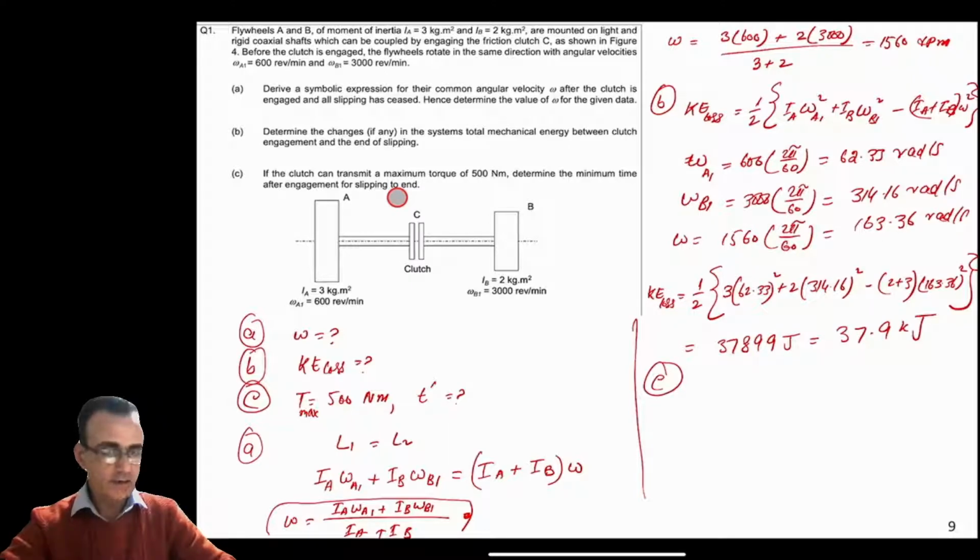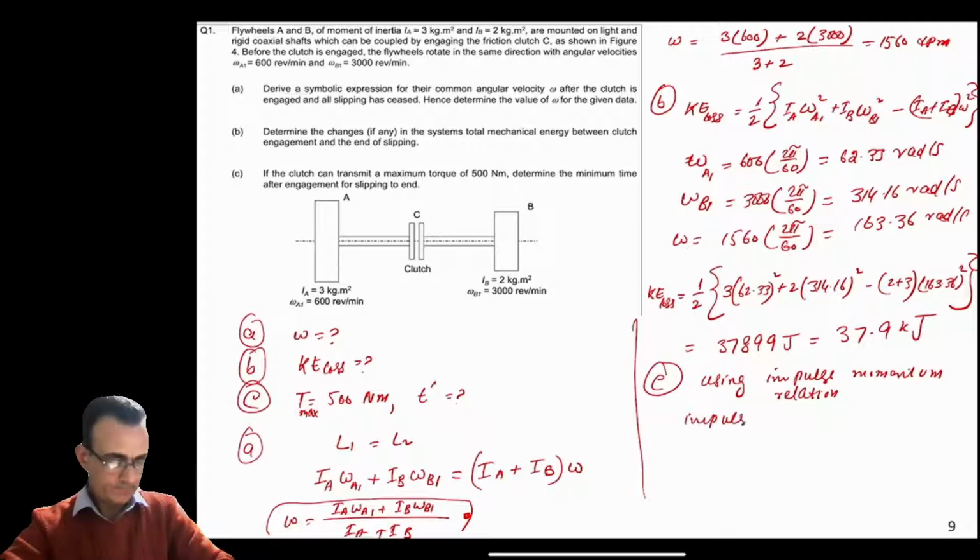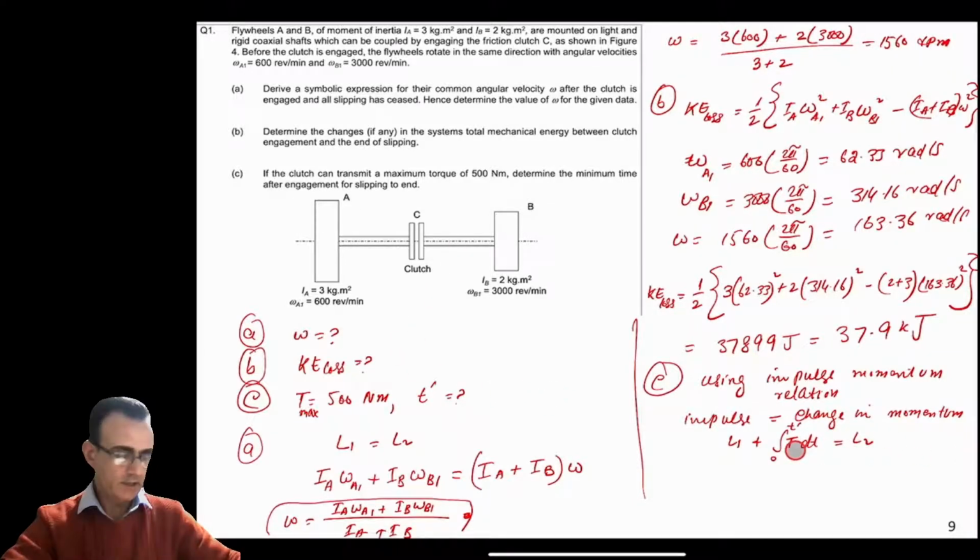So we know that if you consider any of the wheels here, if you consider this flywheel here and you apply the impulse momentum relation, it is just impulse equal to change in momentum, or simply L1 plus the integral from 0 to T dash of T dt equals L2. So this was the impulse momentum equation here.